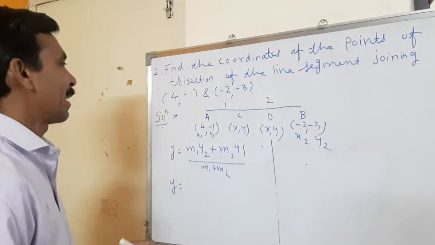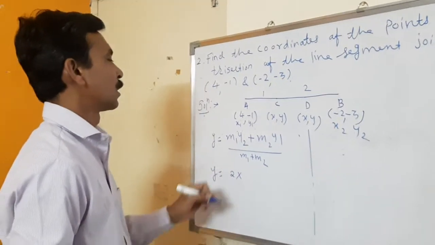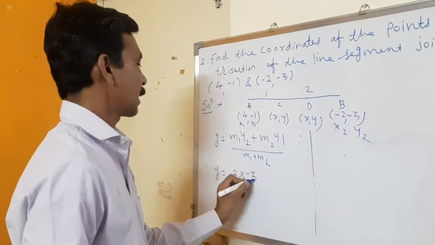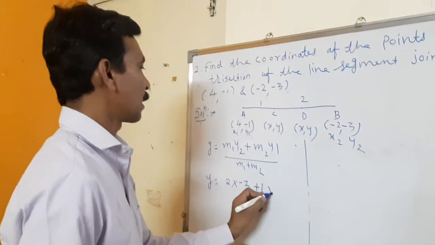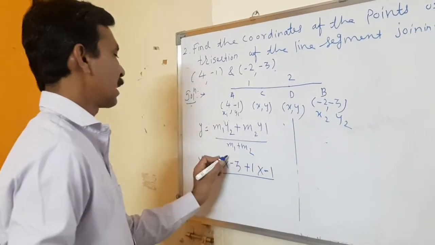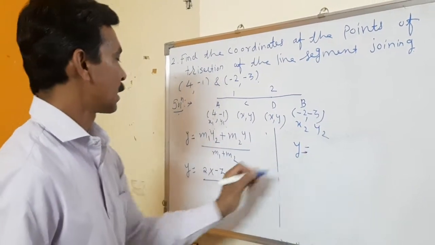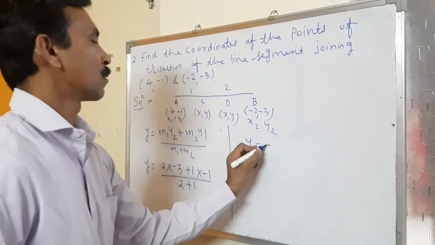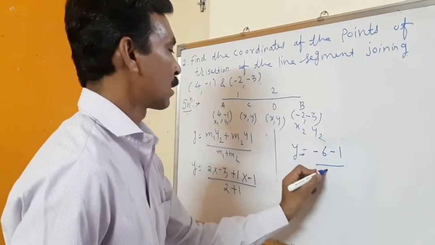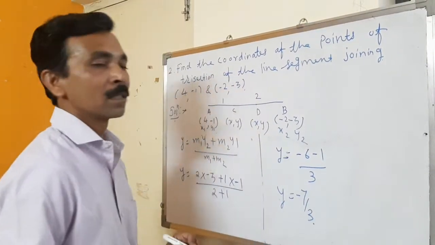Y is equal to m1 is what? 2 into y2 is minus 3 plus m2 is 1 into y1 is minus 1 upon m1 plus m2 is 2 plus 1. Y is equal to 2 into minus 3, minus 6, 1 into minus 1, minus 1 upon 3. Y is equal to minus 7 by 3.